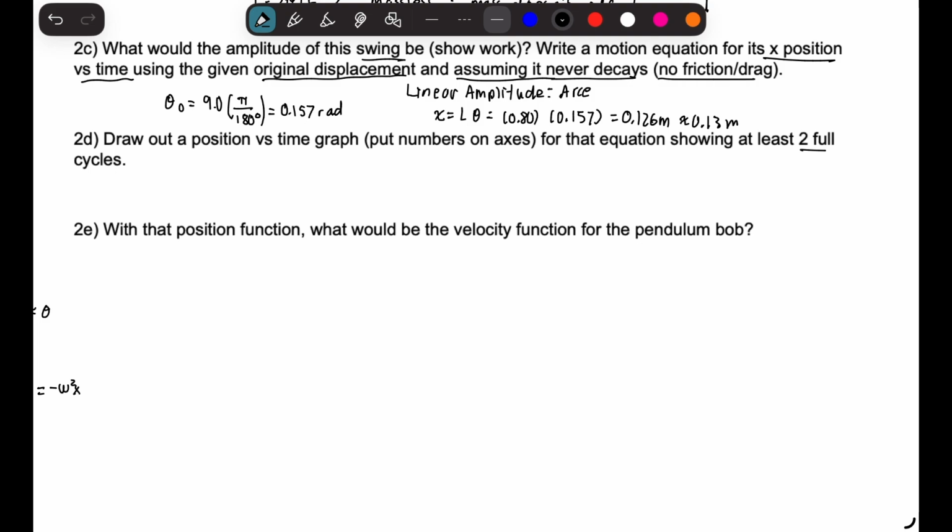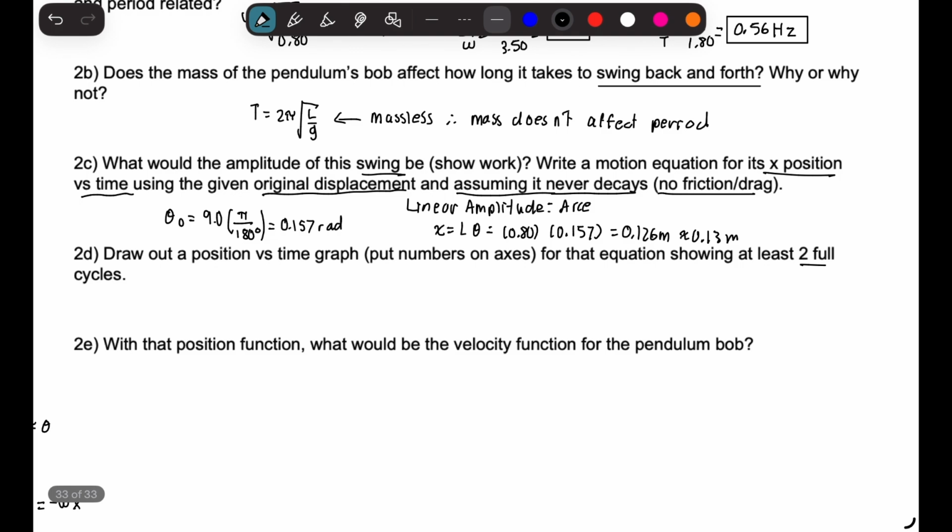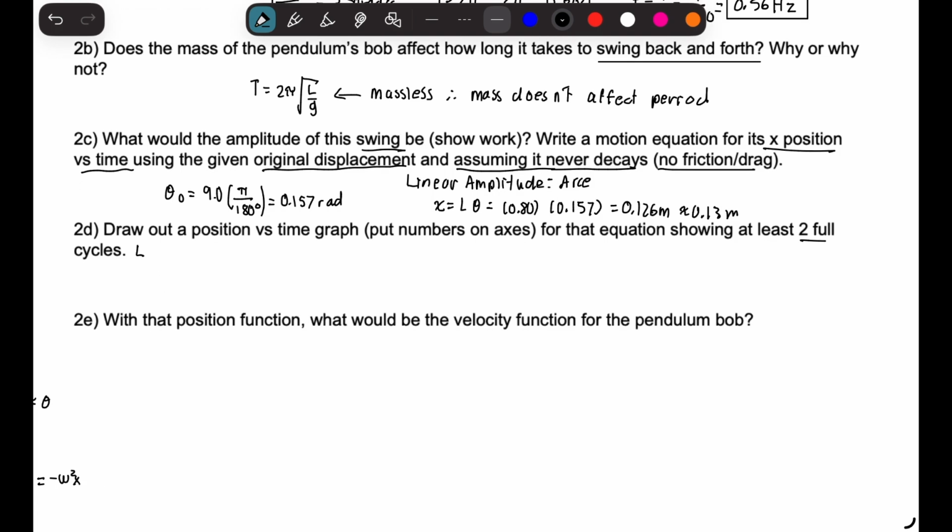Okay, so what you have here is that your pendulum is released from rest.